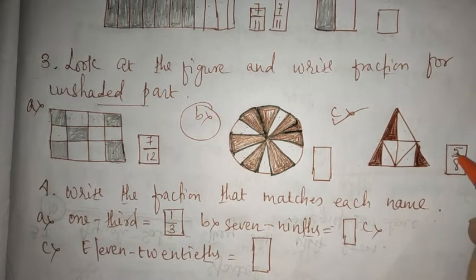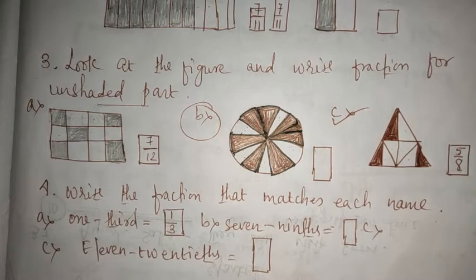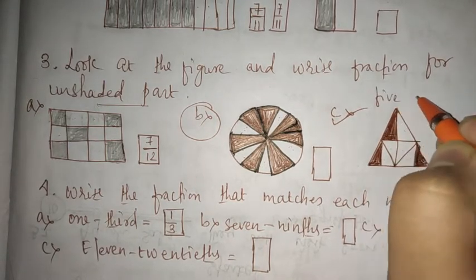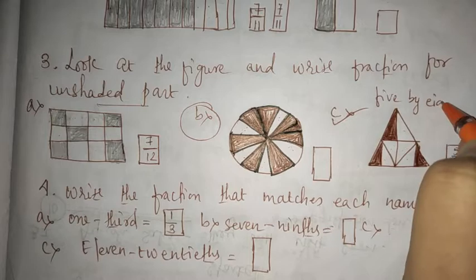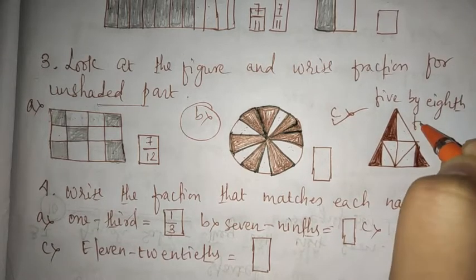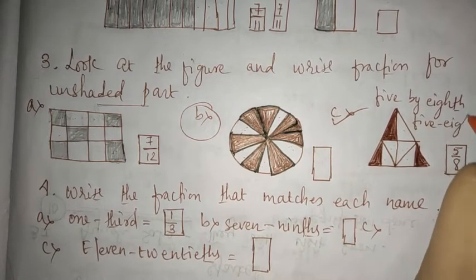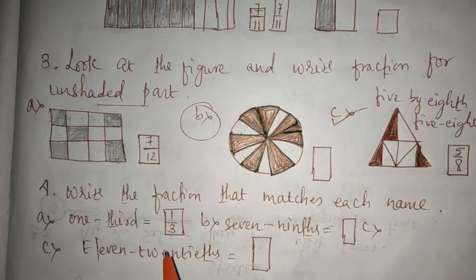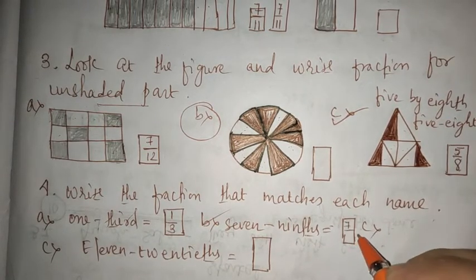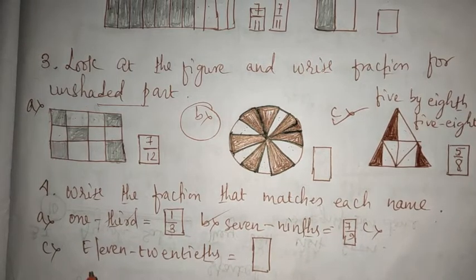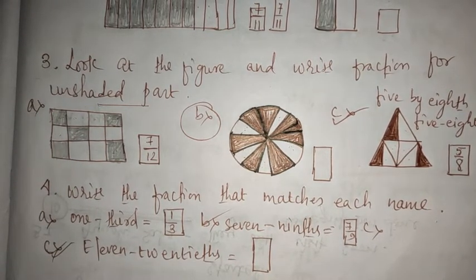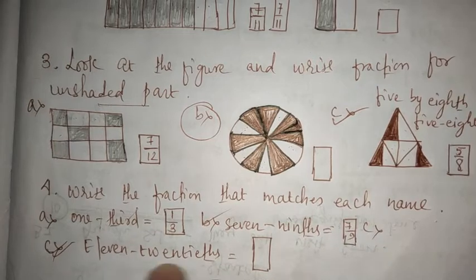Now here you can see 5 by 8 can be written as 5/8. Okay, so this is the way to write. Even here 7/9 means 7 by 9. Okay, so number C, here we have the last one. This will be a home assignment, you will try to do it.